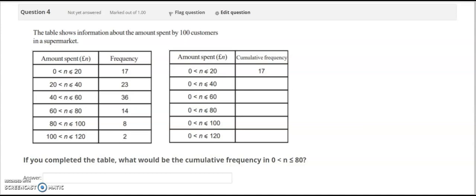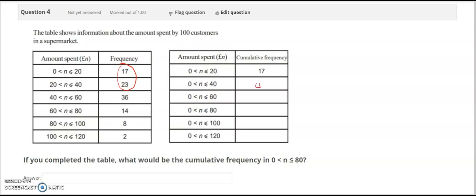Whereas when you look at between 0 and 40 now, the range has expanded. We're not looking at just values between 20 and 40, we're looking at between 20 and 40, as well as between 0 and 20. So it includes both of these two. So for that reason, we'll add them together.